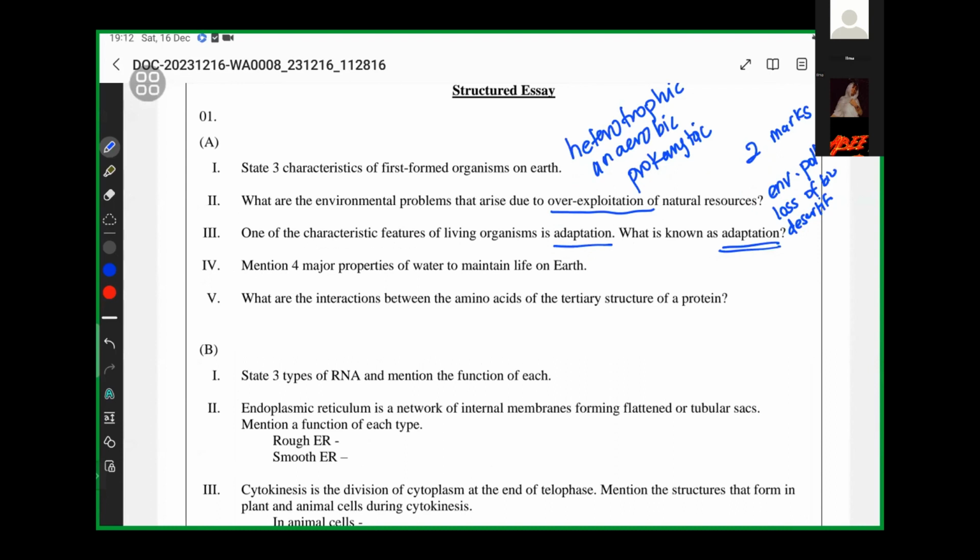The fourth question is, mention 4 major properties of water to maintain life on Earth. These are the easy questions I took from your resource book, but they are asking those foundation questions as well.